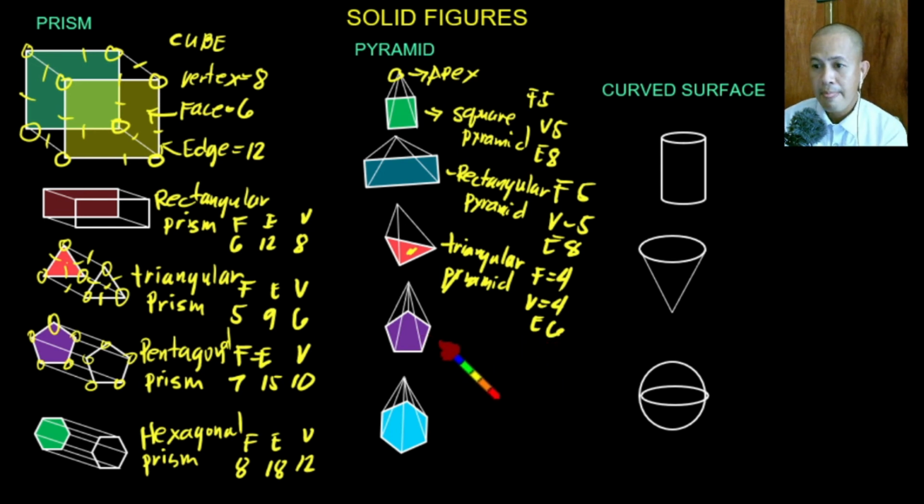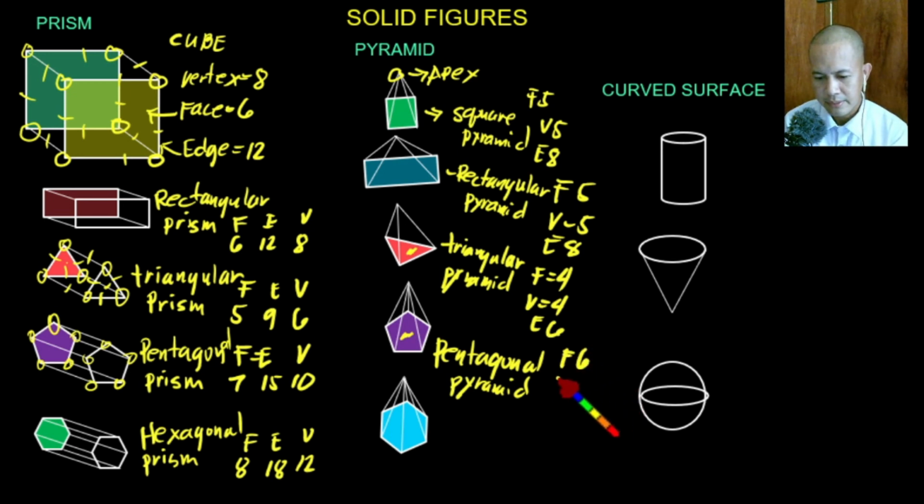The next pyramid is called pentagonal pyramid. So a pentagonal pyramid has a pentagon base. So a pentagonal pyramid has 6 faces, and then it has 10 edges, and we have 6 vertices or the corners of your pyramid.